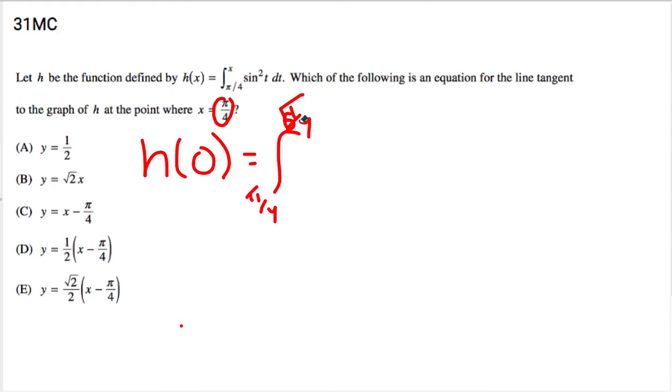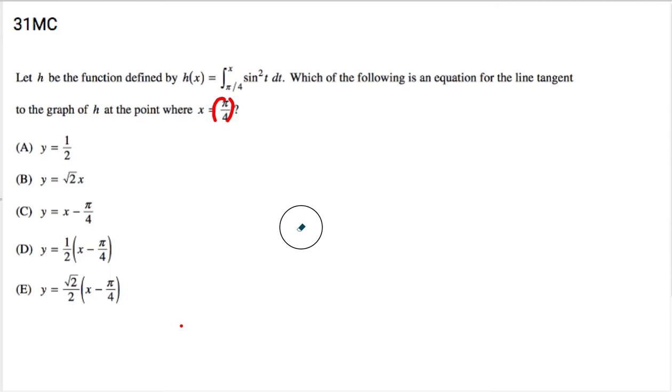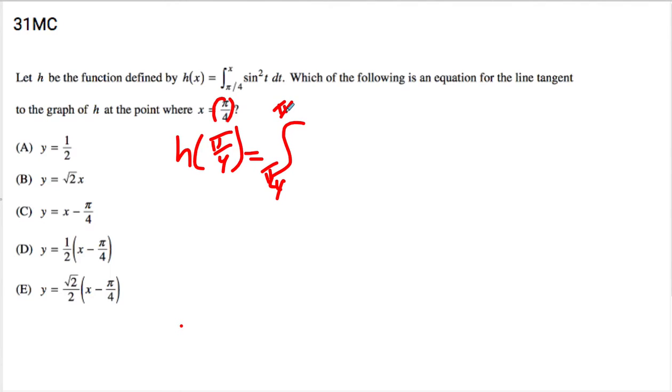Let's rewrite this so it looks proper. h of pi over 4 equals the integral from pi over 4 to pi over 4. I'm going to stop right there because anytime this gap is 0, you know it's going to be 0. So h of pi over 4 equals 0. So my point is pi over 4, 0.